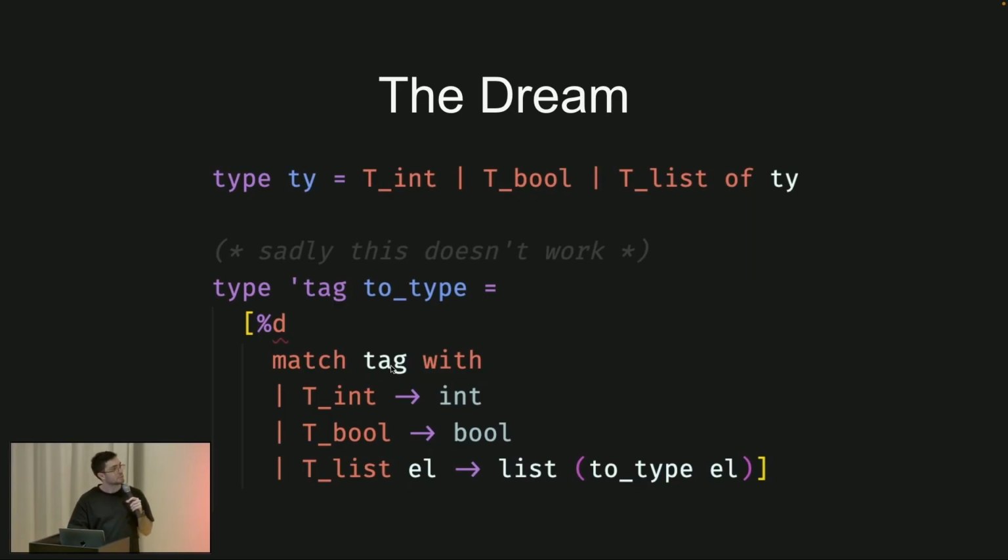Here, I'm pattern matching on the tag. Imagine that a type constructor acts like a function. So I'm pattern matching on the tag. If it is int, I return int. If it is bool, I return bool. If it is a list, I return and recurse. The fun thing about this is that there is no more mess here. This is simple, okay? But this doesn't work.